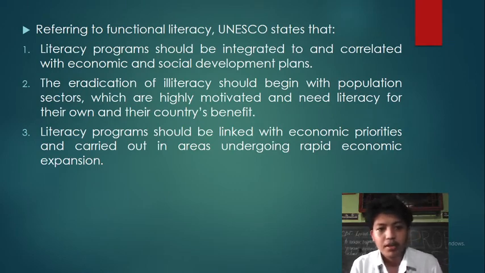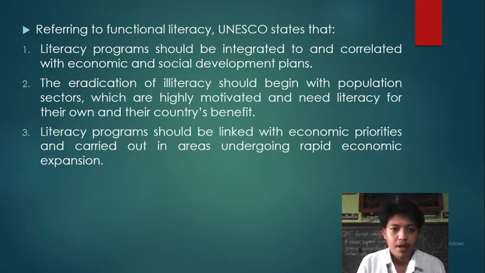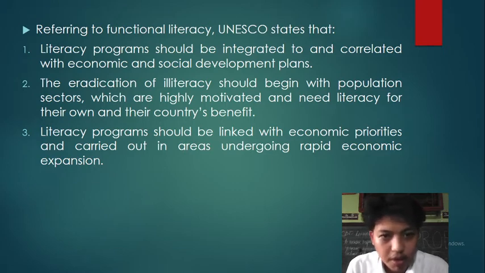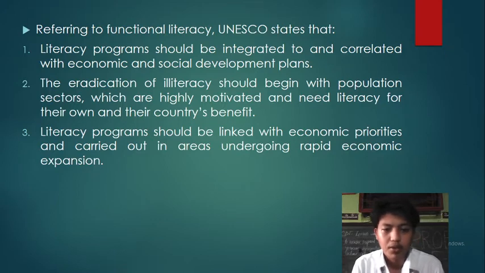Referring to functional literacy, UNESCO states that there are seven principles. Number one, literacy programs should be integrated to and correlated with economic and social development plans. Number two, the eradication of illiteracy should begin with population sectors which are highly motivated and need literacy for their own and their country's benefit.